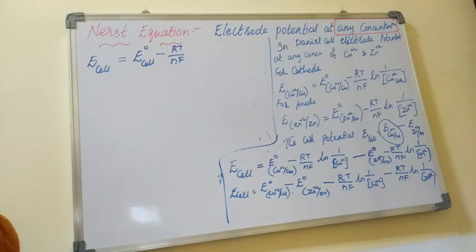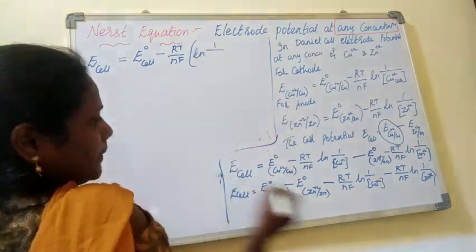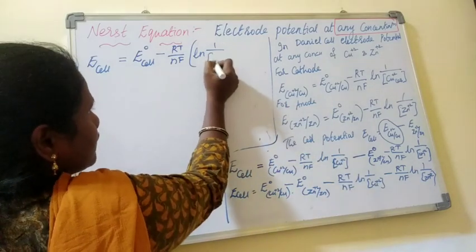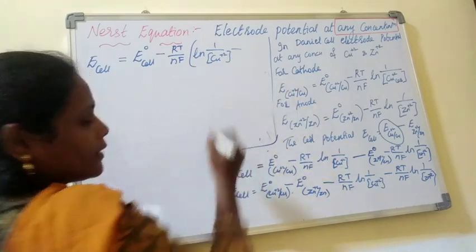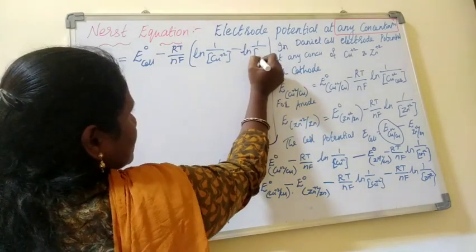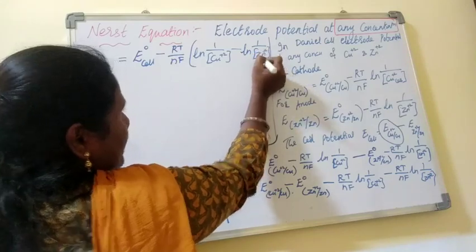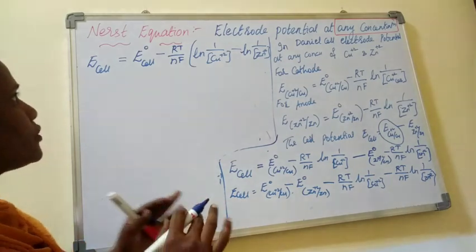Then I can write ln 1 by copper plus 2 ions minus ln 1 by zinc plus 2 ions. From this I am just simplifying and deriving one equation.